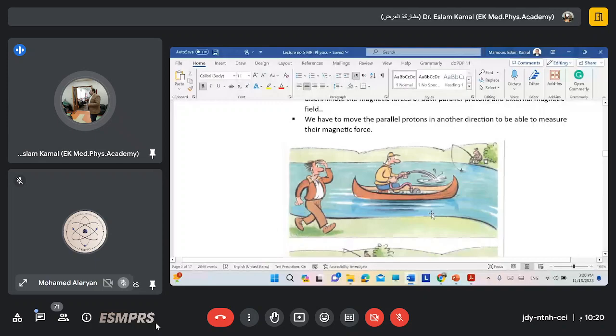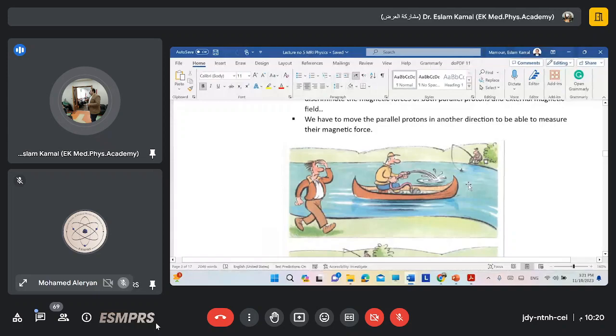When you position the patient inside the external magnetic field, the protons align with it. So you are adding magnetic force to the external magnetic field. So now you cannot differentiate exactly between the magnetic force that comes from the protons and the magnetic force that comes from the external magnetic field.